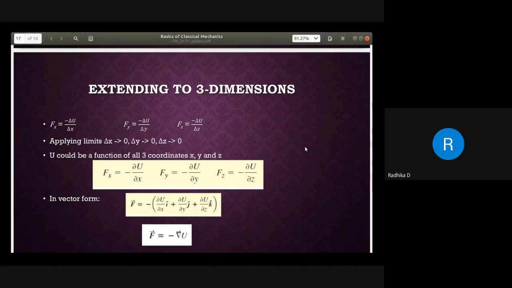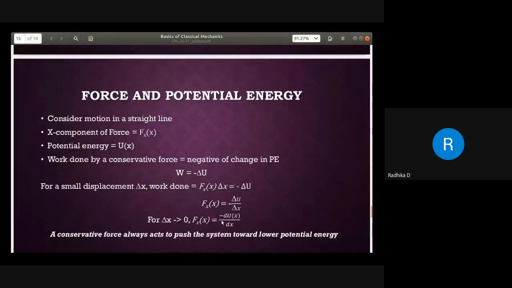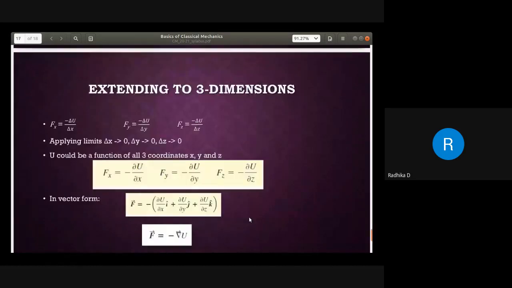Now, with respect to what you understood previously, it was minus du by dx, minus du by dy, minus du by dz. What if the potential energy is a function of x, y, z? I can write minus partial u by partial x with the condition that y and z are constant. So Fx, the force component in the x direction, I'm going to write as minus partial u by partial x, the partial form.